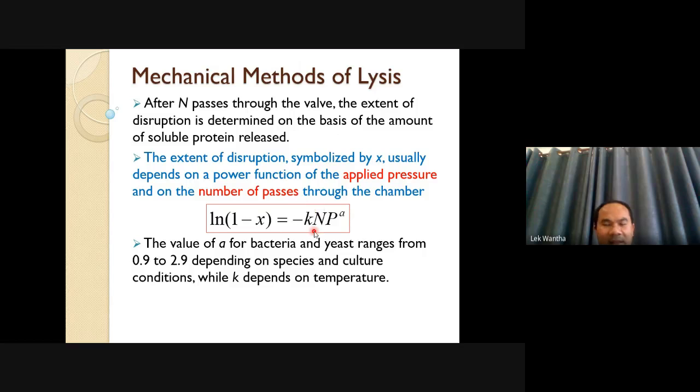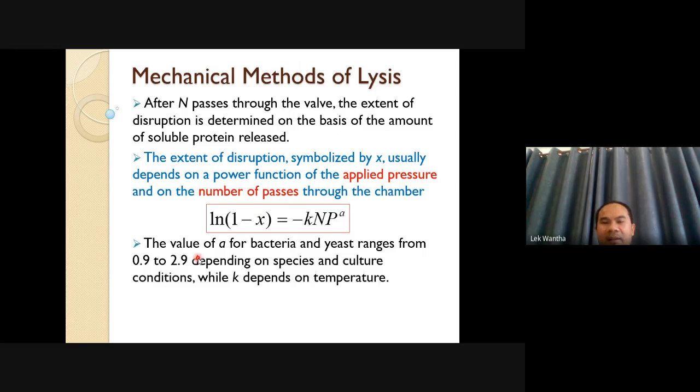K is a constant, and A is also a constant. K and A are estimated from experimental results. From previous literature data, we know that A for bacteria and yeast is between 0.9 and 2.9.